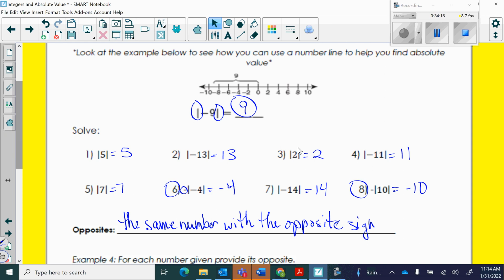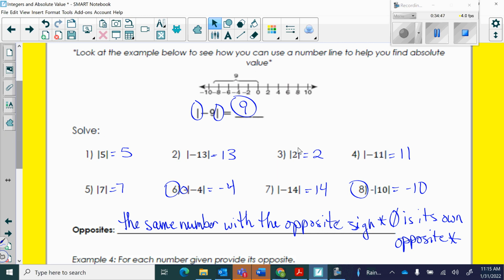Now, key note here. 0 is its own opposite. Yep, it's the same number with the opposite sign. That's all it is for opposite. So if it's positive, I keep the number, I just change it from positive to negative. If it's negative, I keep the number, I just change it from negative to positive. Okay?